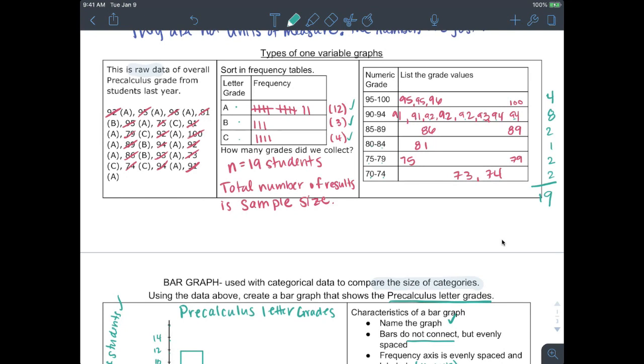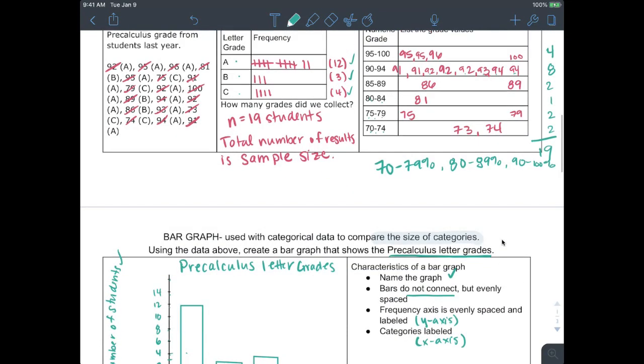What I need to decide is, do I want to keep these ranges by 5 percentage points, or do I want to graph something like 70 to 79% and 80 to 89% and 90 to 100%? I'm looking at this, and I think I'll get more information, or the graph will look a little better if I keep our bin, or our range, a little bit smaller at 5%. Okay, so I'm going to go ahead and do that.